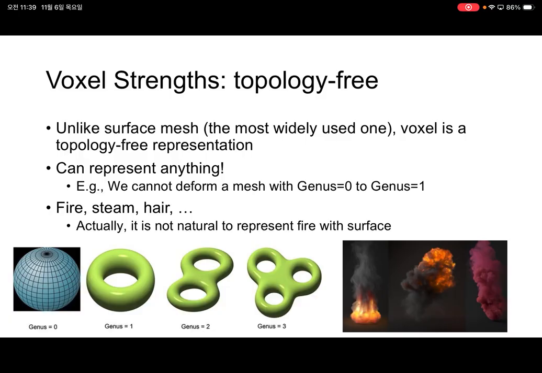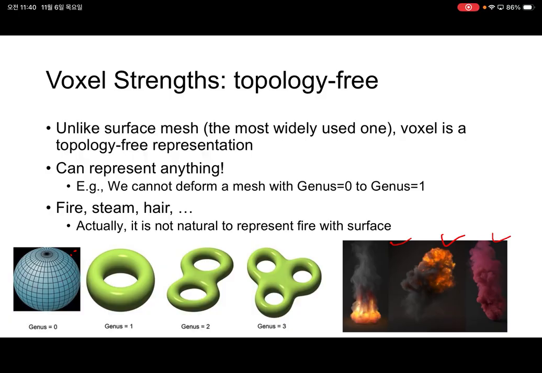And voxel representation is topology free. It is not constrained by topology. Mesh, although it is widely used, as I said, is constrained to a specific topology. Mesh of a sphere cannot be used to represent mesh of a donut shape, right? Because of topology constraint. But voxel is not constrained by specific topology. So despite the computational inefficiency, it is widely used for fire, steam, or hair, this kind of thing.